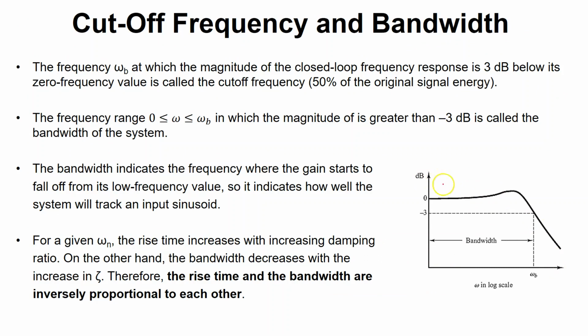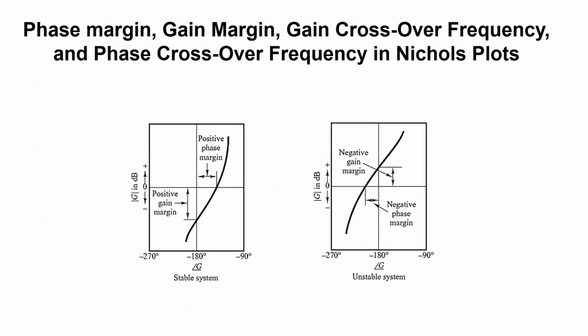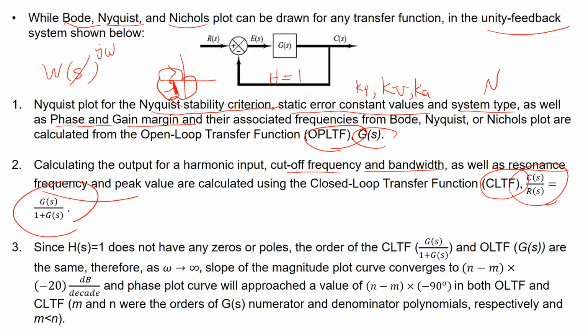Again, you can see it here. It says the magnitude of the closed loop transfer function is 3 decibels below its beginning point. So this is for C over R of jω. This is the Bode plot for closed loop. So for cutoff frequency and bandwidth, we need the closed loop.